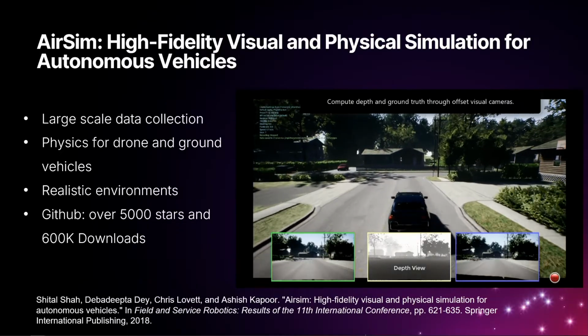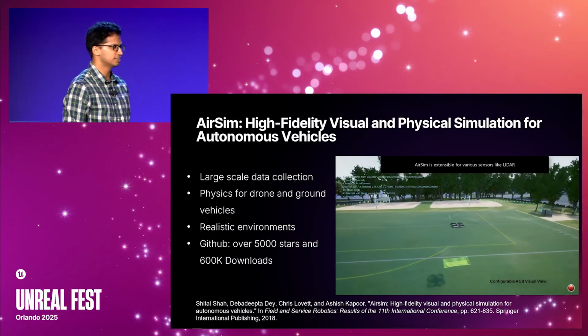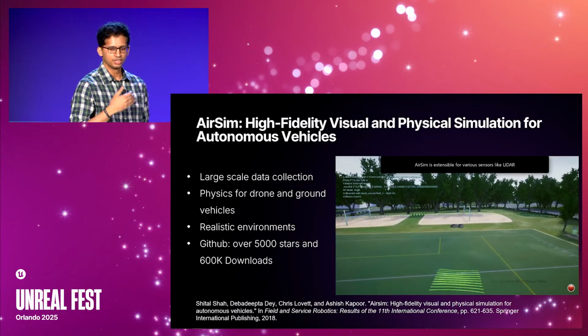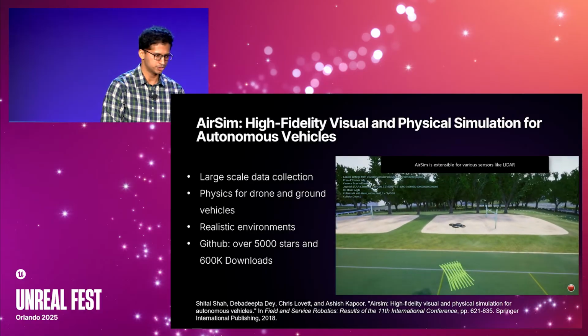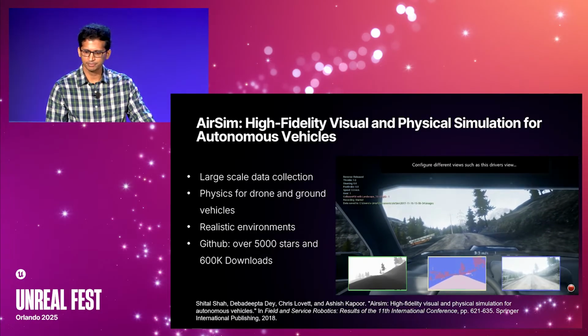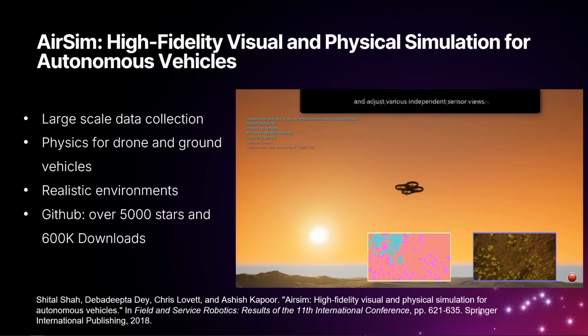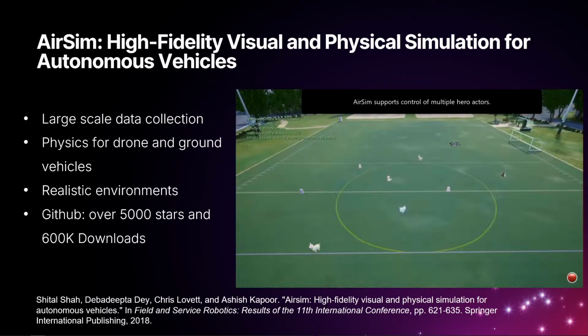So this is just a summary visually of some of the things that we were trying to enable here. So it involved robots in different worlds and sensors, data collection routines, so on and so forth, just to get all that in one place. And then you can also have the different kinds of cars and drones and different camera views, looking forwards, looking downwards. Again, it was very trivial to enable all of this building upon the Unreal stack.